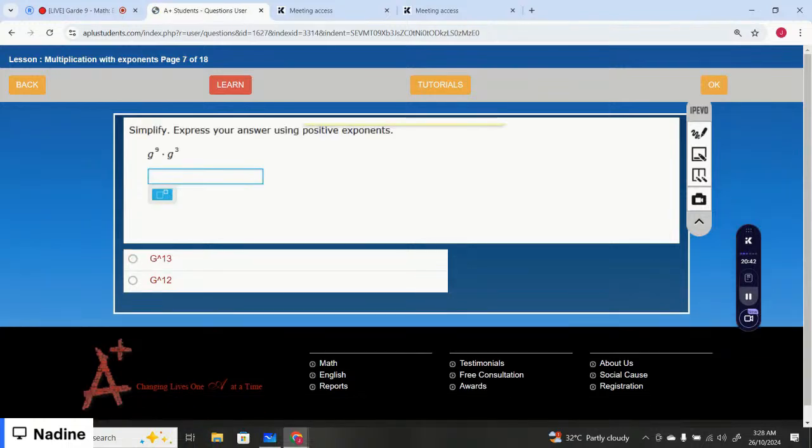G exponent 9 times G exponent 3, which is the correct option? That is G exponent 12. Option number 2 is the correct option.